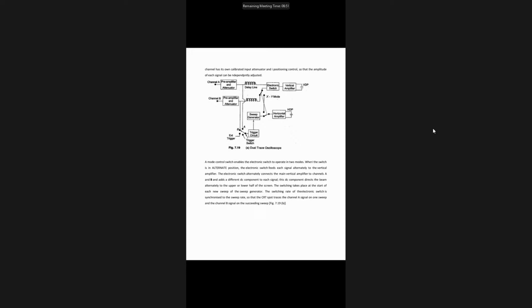We are not using two vertical deflection plates, we are using a single vertical deflection plate and a single horizontal deflection plate, and still we are able to watch the two signals simultaneously on the face of the screen. How is it possible? Basically this is done with the alternate sweep. Just try to understand.